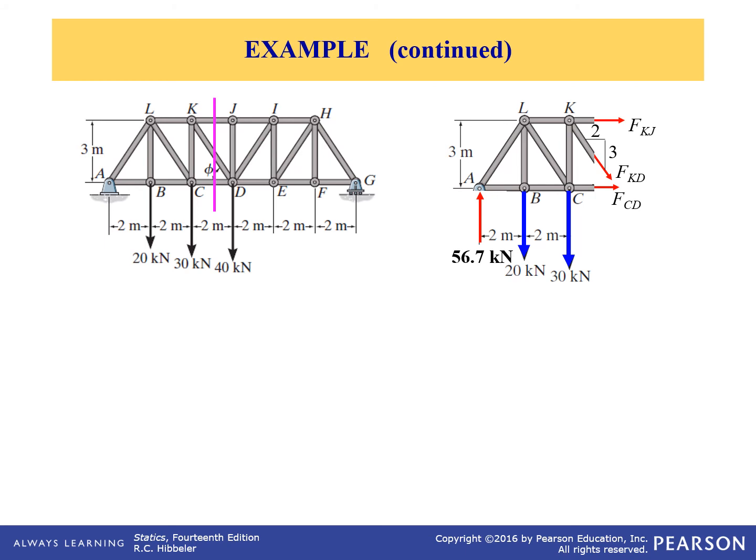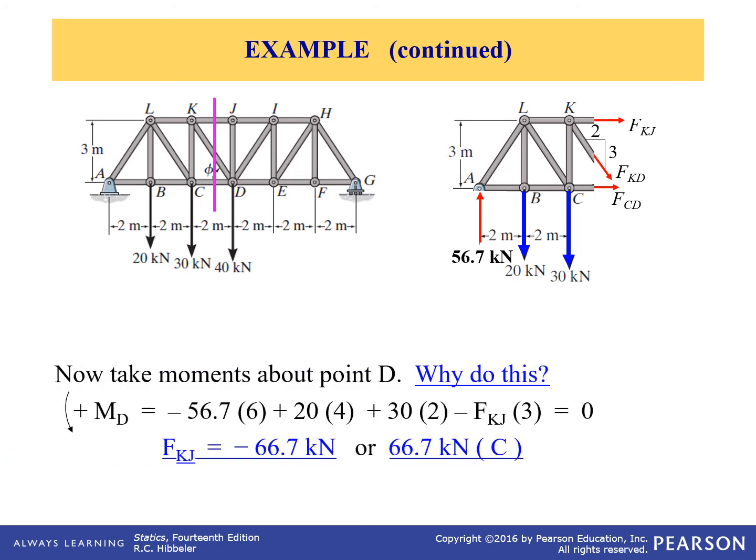Point D is off the picture. That's okay. The reason you want to use point D to solve this is, you could use K also, but the reason you want to use point D is because FCD and FKD both go right through point D, so they'll have no effect on the moment equation.